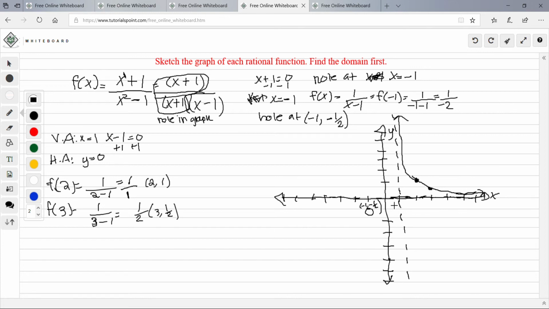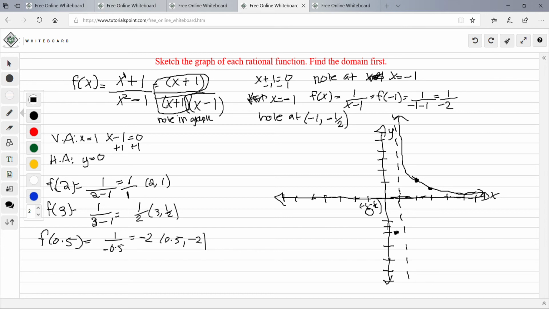If I choose 0.5, f of 0.5, I'm going to get 1 over negative 0.5, which is negative 2, if you put it in the calculator. So that point is going to be 0.5, comma, negative 2. So here's 0.5, negative 2. It's going to be right about here.